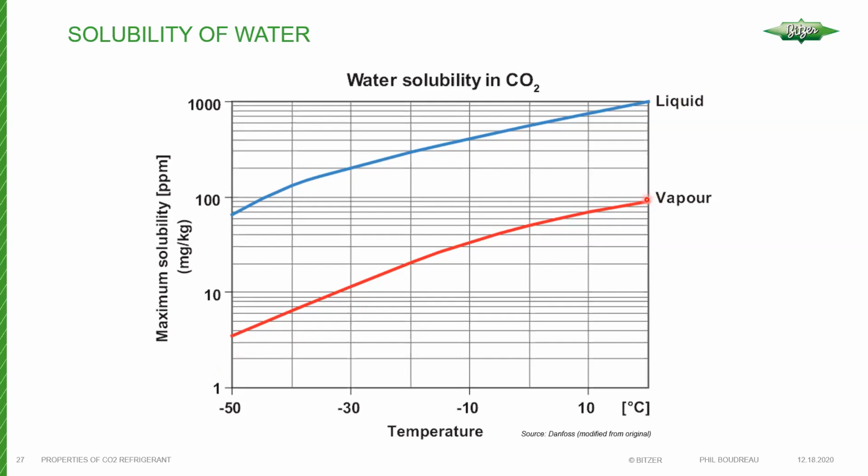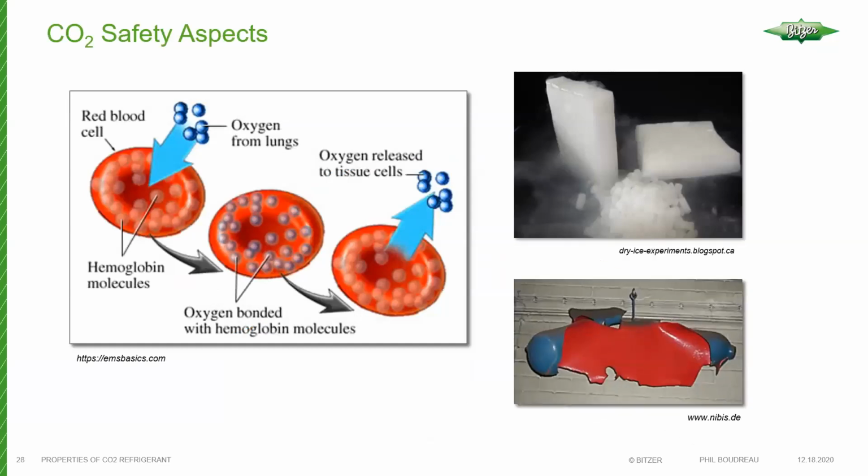So you're going to have a problem once the liquid is expanded and becomes vapor, because then the solubility of the refrigerant becomes less. So I guess the moral of the story here is systems need to be super dry. We need to be very careful to make sure that moisture levels are kept at their absolute minimum, so we don't create any chemical reactions, corrosion, things like that in the system.